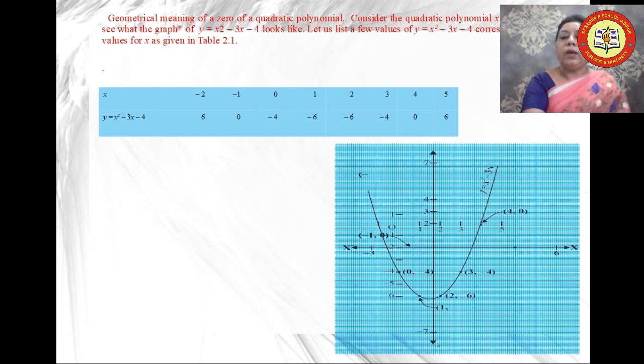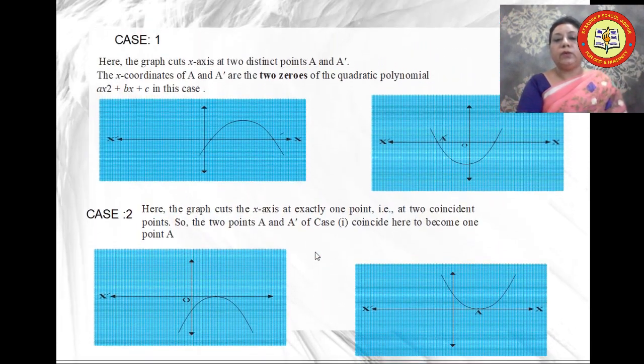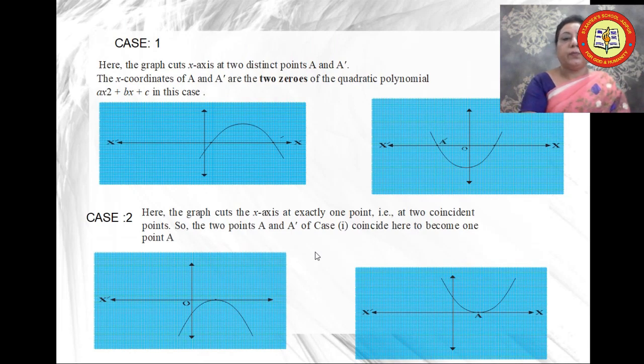Now, a parabola can be open upward. It can also be open downward. So, let us see which different types of graphs are possible with a quadratic equation. We have learned earlier that a quadratic equation has a maximum of two zeros.